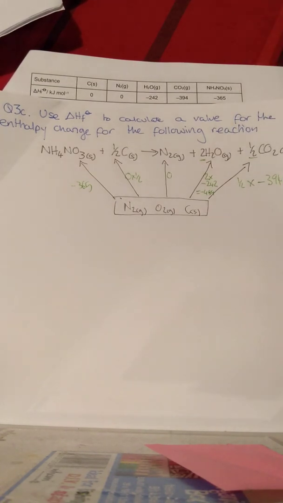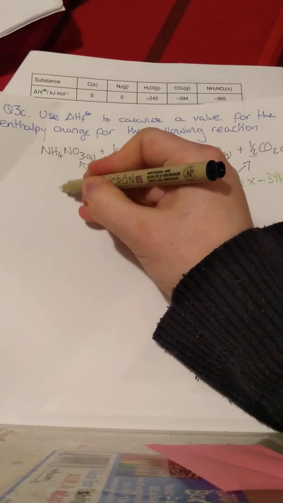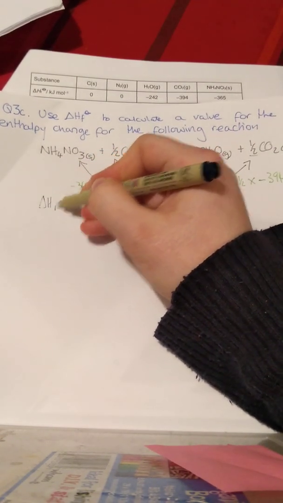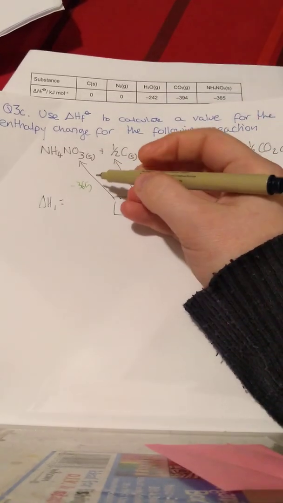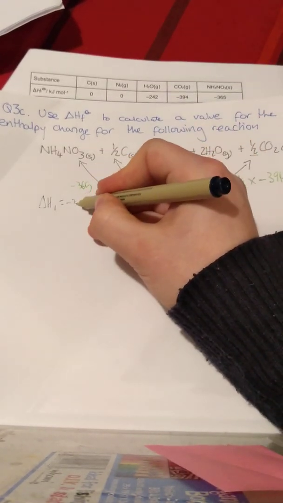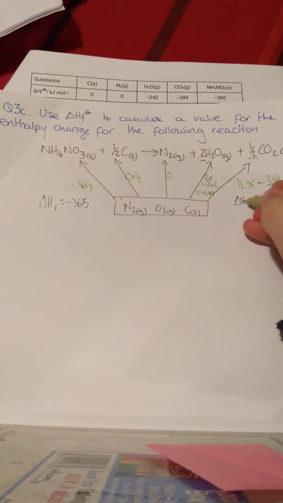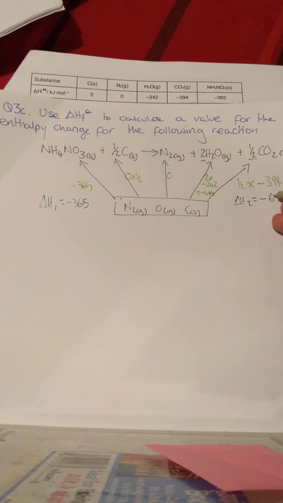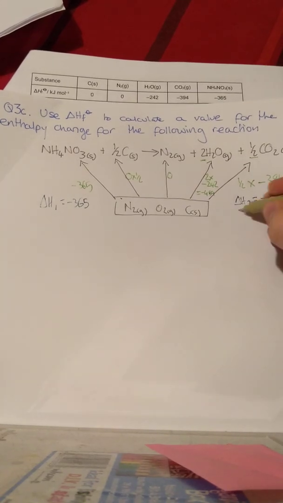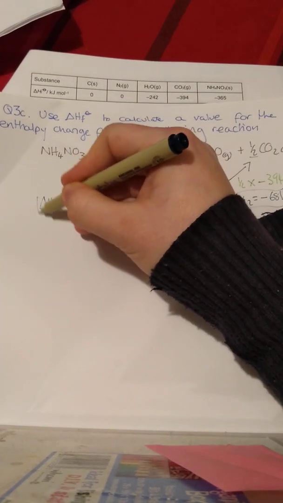Now if we tally these up for each direction, if we call this delta H1, it equals minus 365, and on this side, if we call this delta H2, that's going to be minus 681 kilojoules per mole if we add those up. I'm just going to circle those.